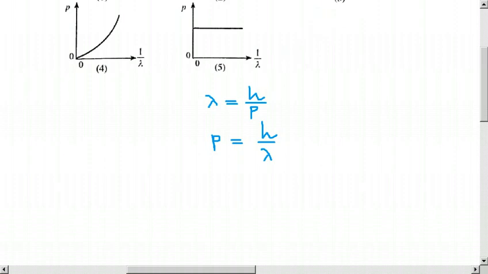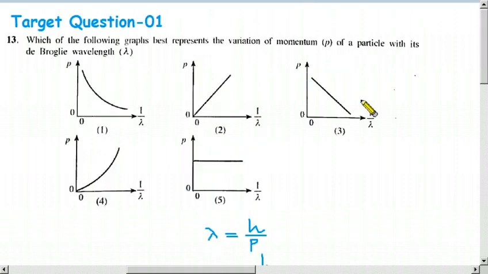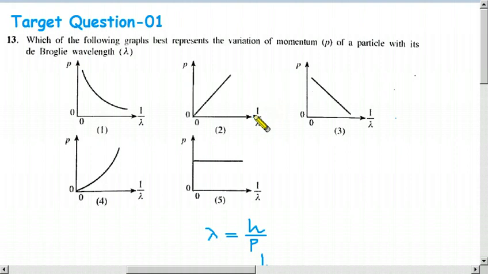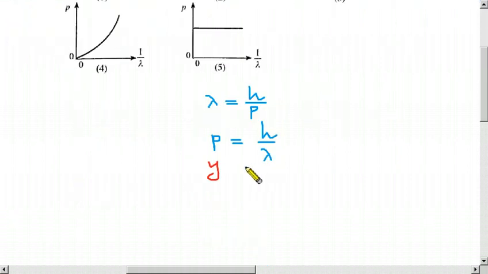This represents the y-axis. Then we have to adjust this equation so that we get a 1 over lambda term. So p equals h times, and there should be a multiplication instead of division, because we are going to convert this to y equals mx type.